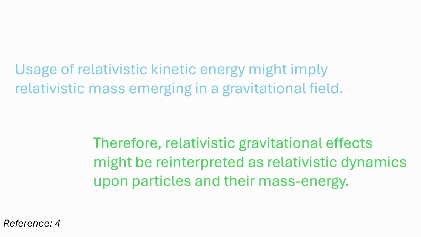And as mass energy moves in the field, that's how relativistic effects emerge. So it might be that the mass energy within the field is what sees the relativistic effects. And that's not to say that general relativity is wrong, it's just a different way to view things, in my opinion. It still should be consistent with the claims of general relativity, but just a different way to look at it.